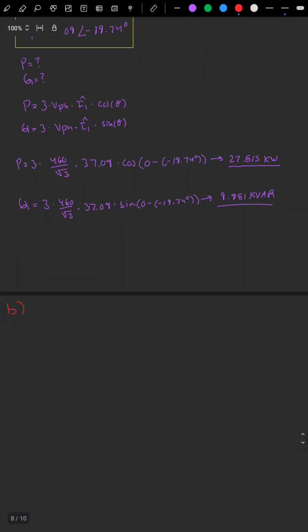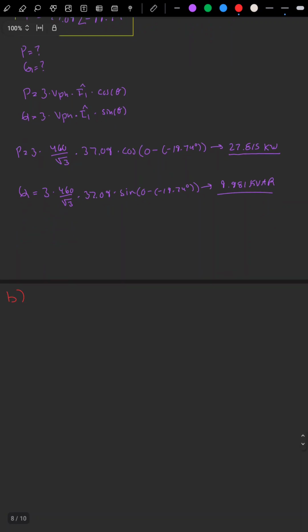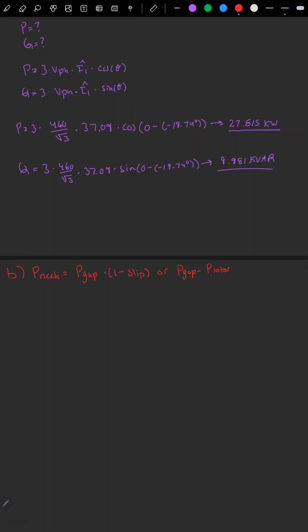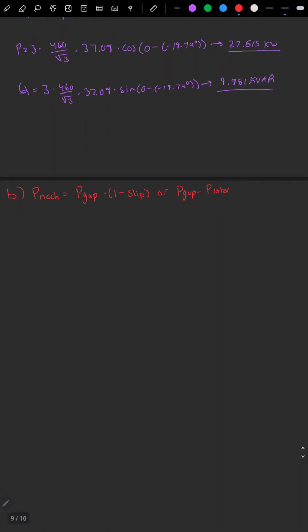Well, we know that the mechanical power, Pmech, is going to equal P gap times 1 minus the slip, or it could equal P gap minus P rotor. So first, we've got to find P gap.